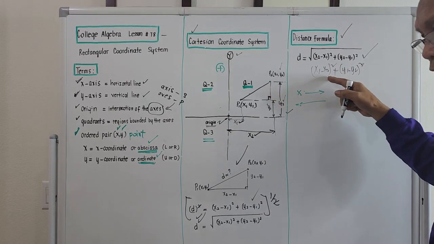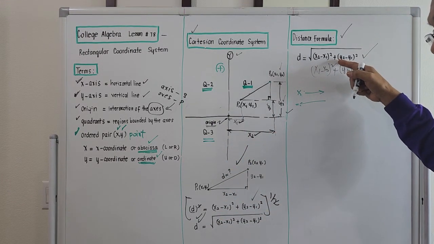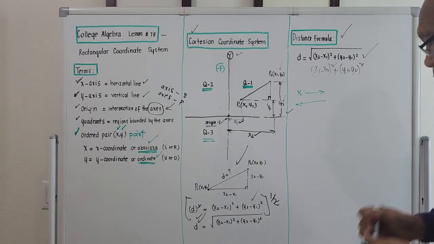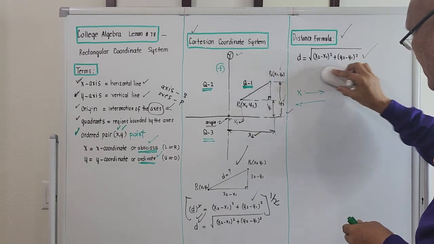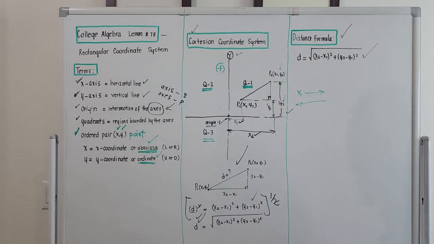If the difference inside will be negative, don't worry, because this is of the second power. It will still be a positive distance. But just to be safe, I'll just use x of 2 minus x of 1, for the difference of the two numbers inside will be positive.